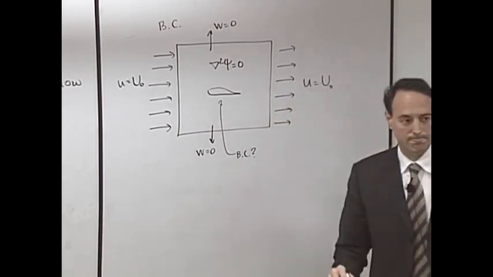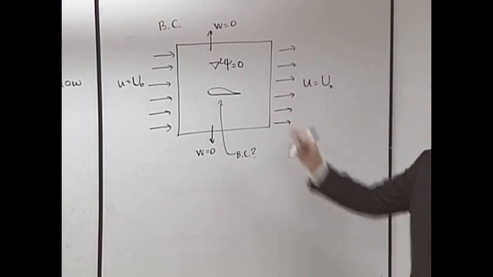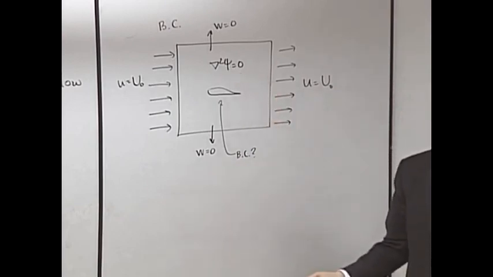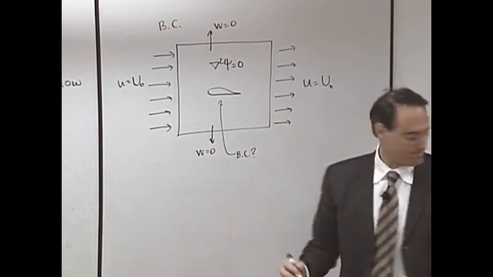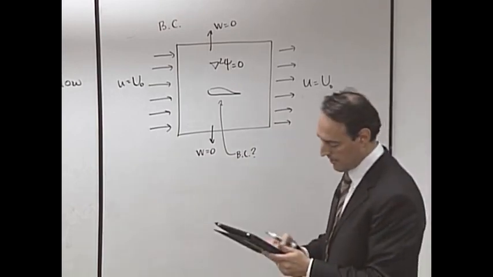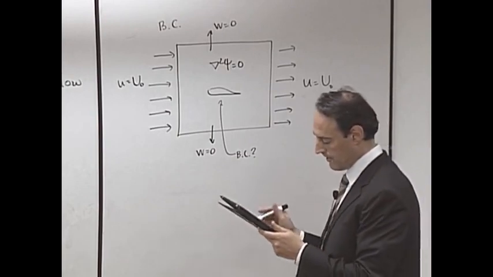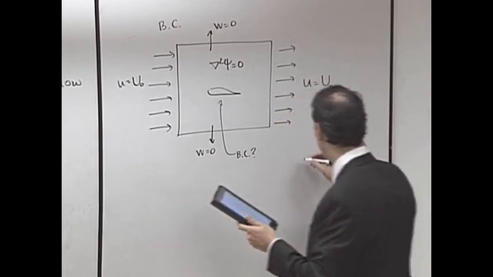All right. What does this mean for our problem? We're solving for psi. What is psi? It's our stream function. And I didn't actually write it down, did I? But here it is. Let me tell you what it is. The stream function is defined as the following.